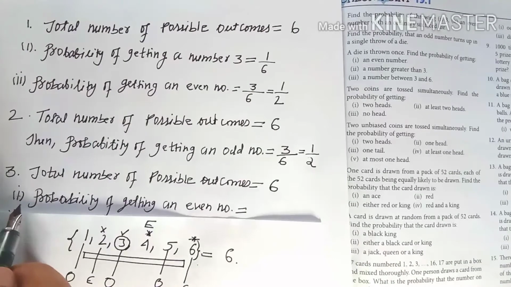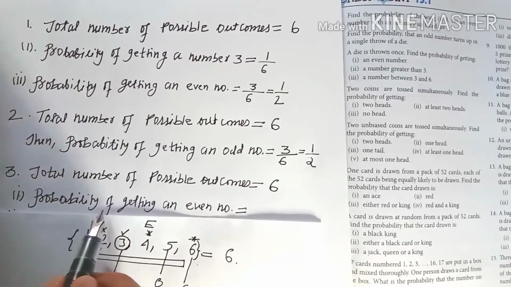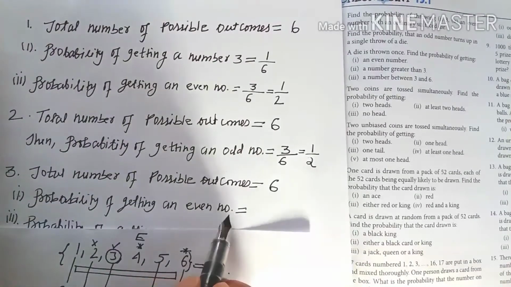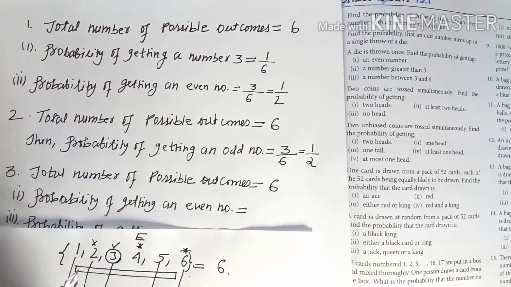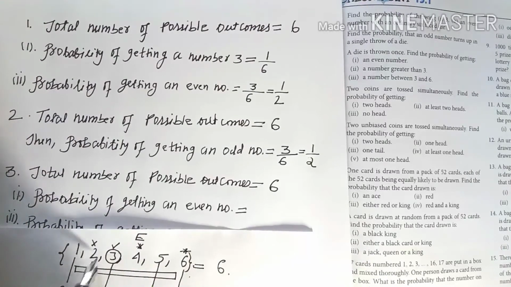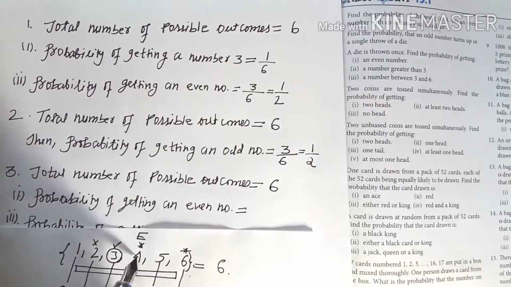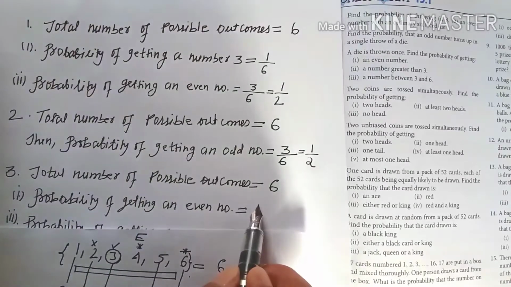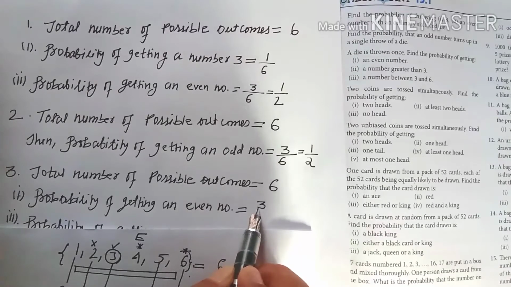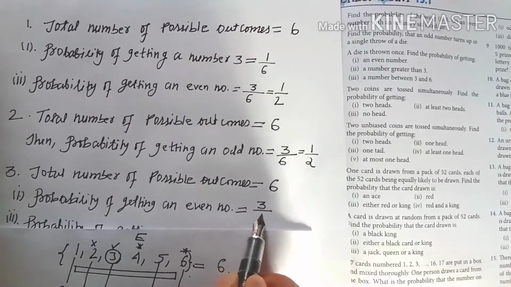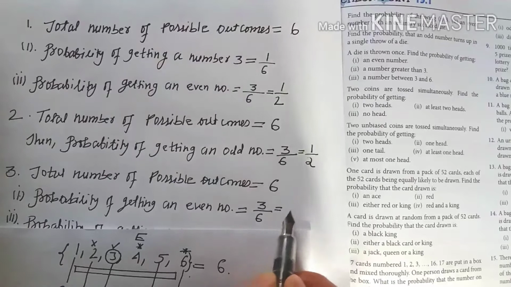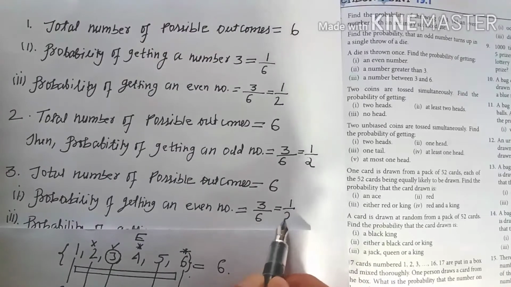Now the first one, find the probability of getting an even number. An even number is a number divisible by 2 or a multiple of 2. So 2, 4 and 6, so the number of favorable outcomes is 3. Always we divide by the total, which is 6. Again possible to cancel, 3 into 1, 3 into 2.